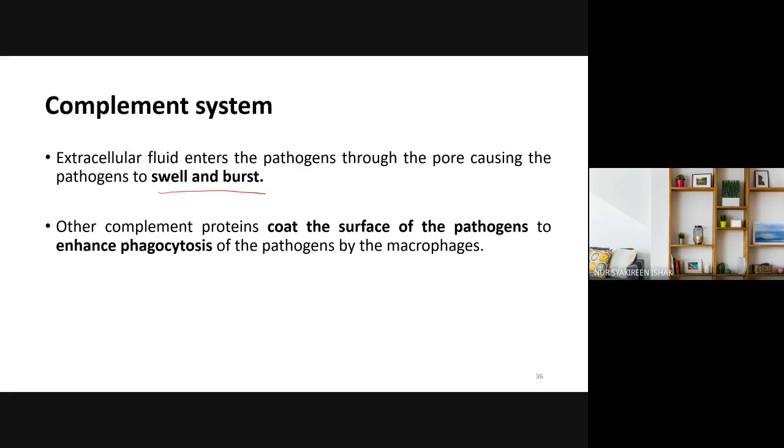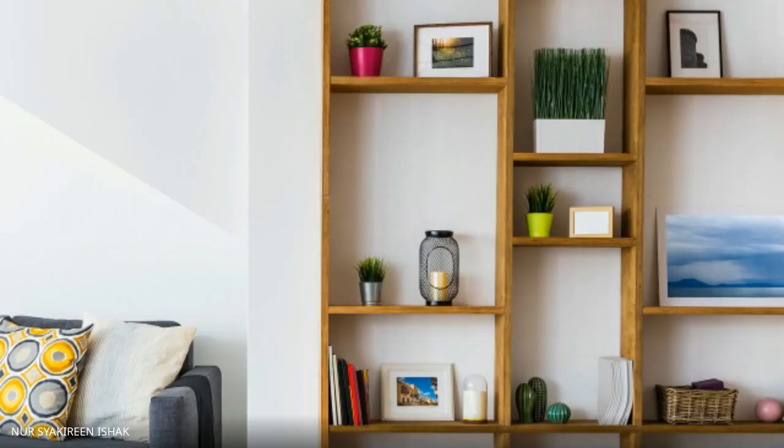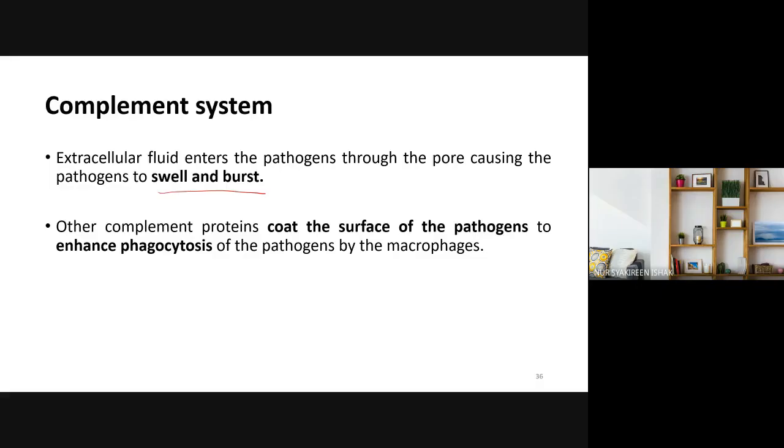So other complement proteins coat the surface of the pathogen to enhance phagocytosis of that pathogen by the macrophage. Okay, so another function of the complement system, apart from causing the pathogen cell to swell and then burst, it serves also as macam recognition molecule, so that once it binds to the pathogen, it will trigger macrophage to come to that pathogen and cause the macrophage to engulf the pathogen.